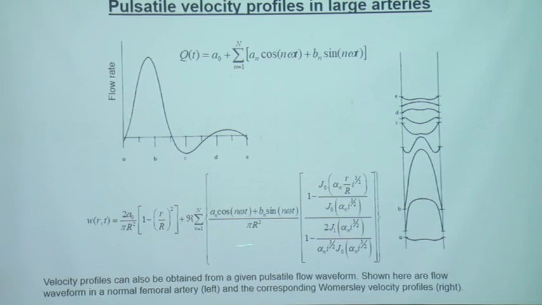This is the velocity profile that corresponds to a realistic flow waveform, and graphically, this is what it looks like. Even though the flow and pressure waveforms are not idealized, we can see that the velocity profiles still have some of the features we observed from the Womersley profiles. For example, the W-shaped or M-shaped velocity profiles are still present.